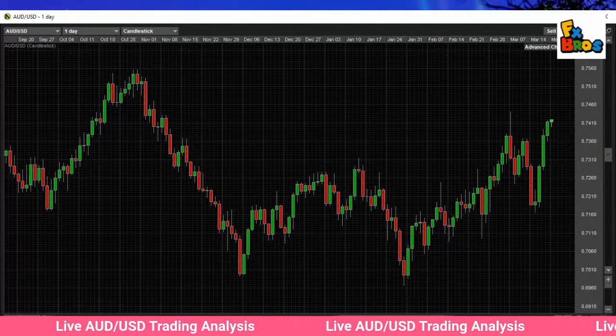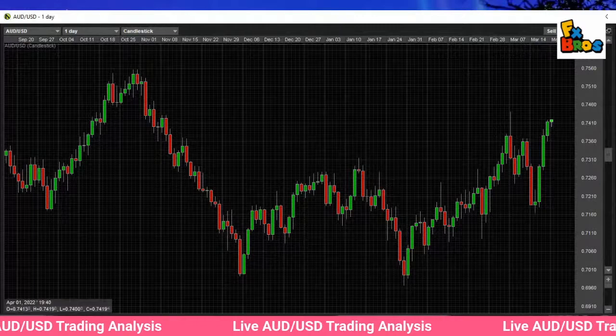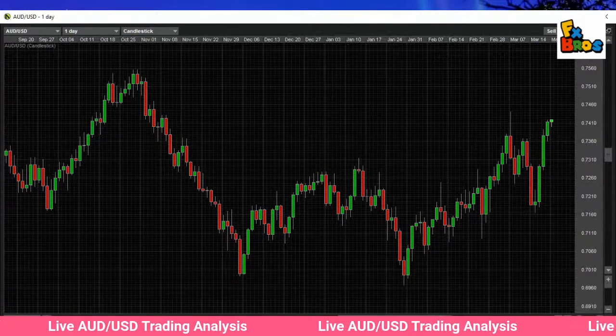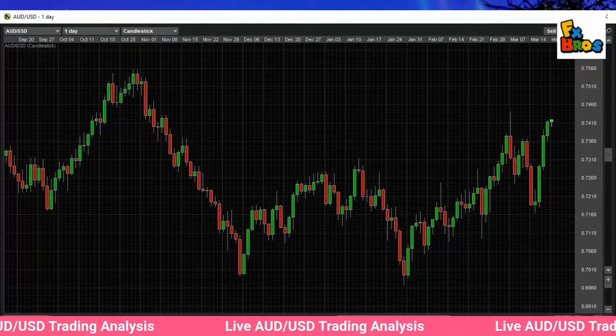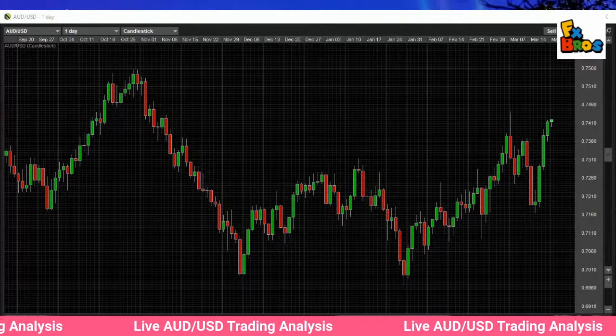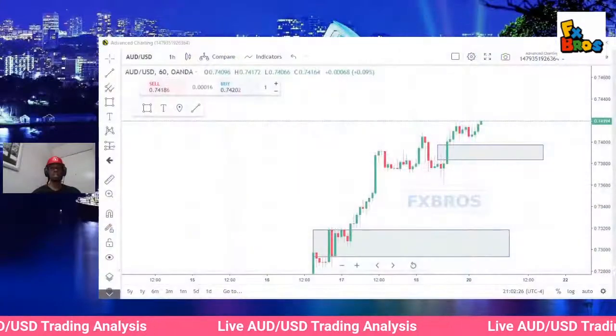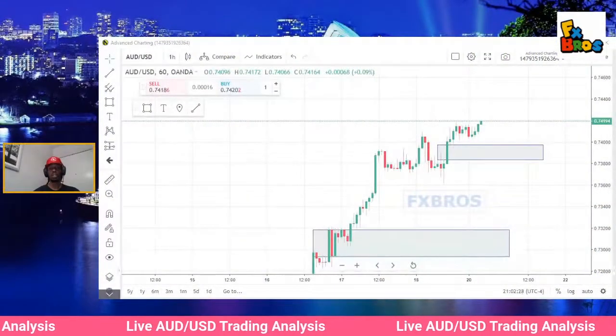This little button says Advanced Charting, and you click that, and then what pops out is the TradingView visual, just like that.